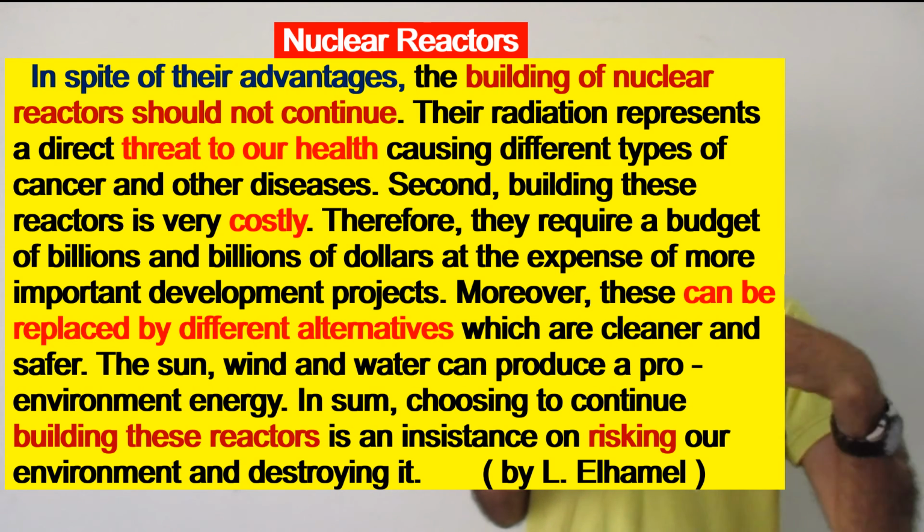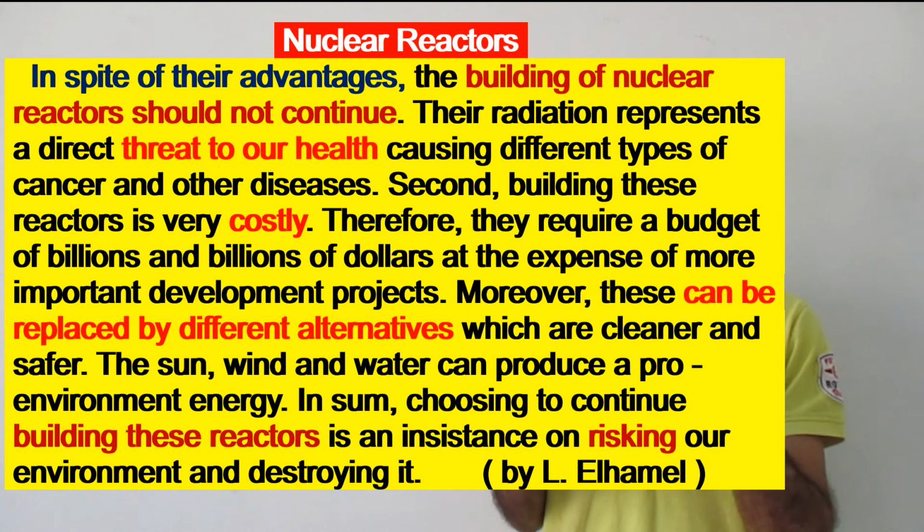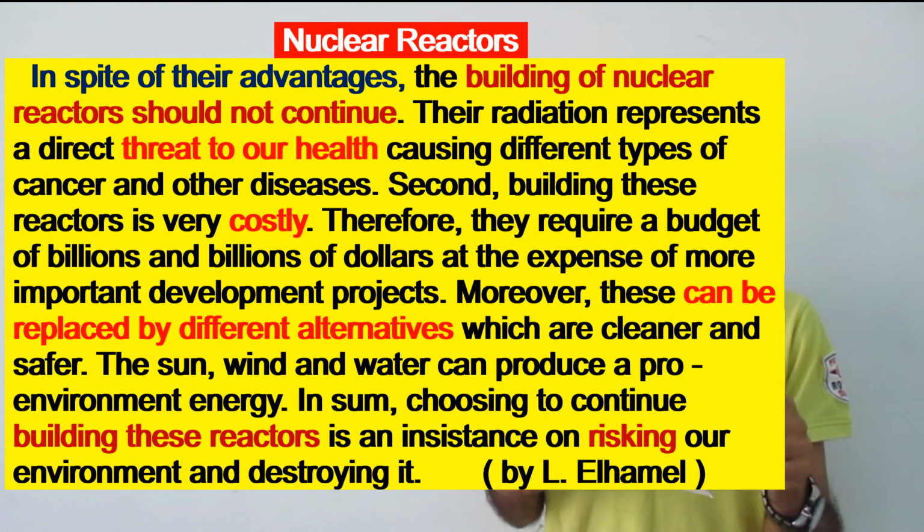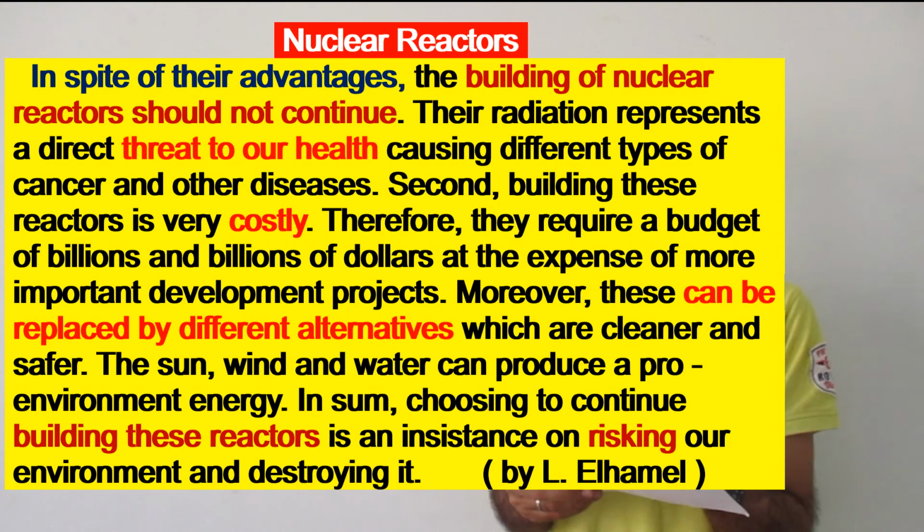argument, third proof, these reactors can be replaced by different alternatives. They can be replaced by safer alternatives, which are cleaner and safer. The sun, wind, and water can produce pro-environment energy.